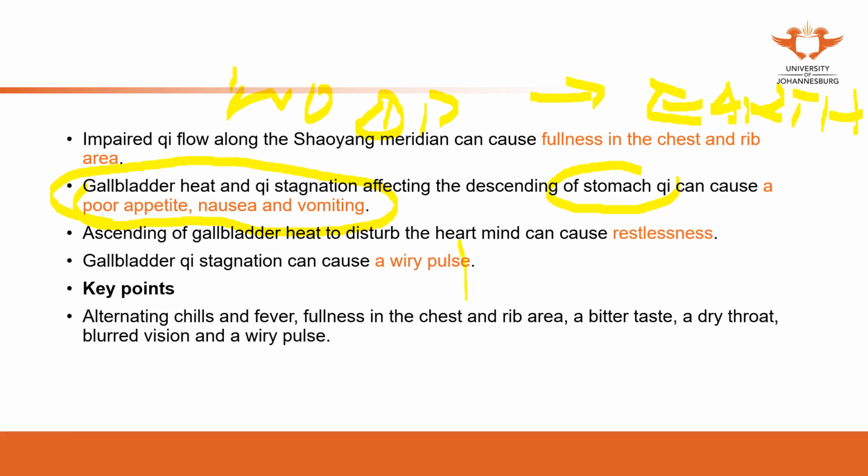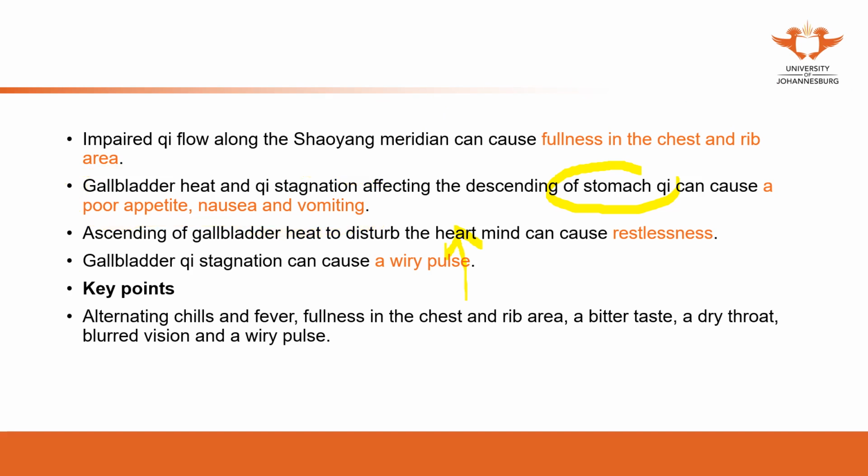From the Shaoyang diseases, you will know that the disease is in the gallbladder, in the Shaoyang meridian, but the patient will present with poor appetite, nausea, and vomiting.